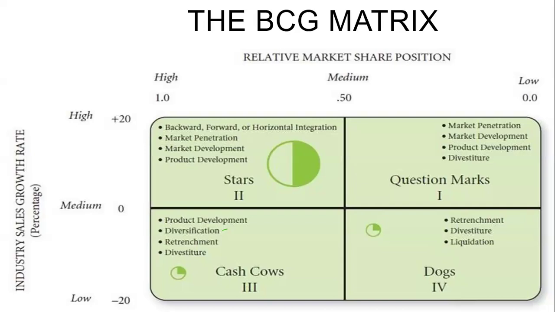So divestiture may become imperative, wherein they may sell off that particular product line for the company to concentrate on the ones that are more thriving. And that is the recommendation of the BCG matrix as far as question mark divisions are concerned.